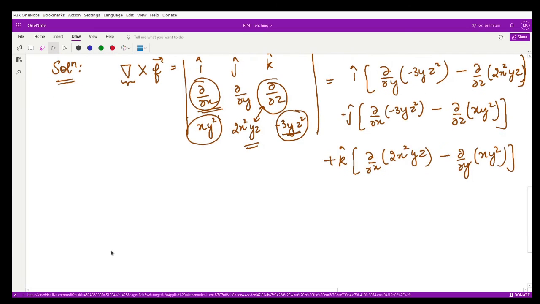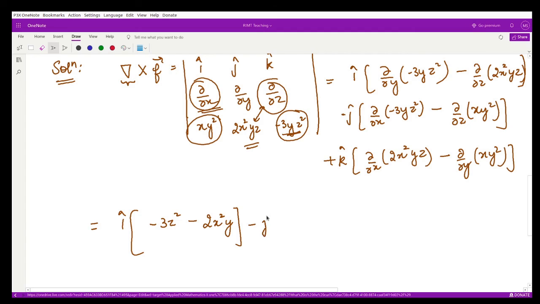So when you take out the partial derivatives, in this case, we are taking the partial derivative with respect to y, so x and z are constants. So that means we have minus 3z square, and for the second quantity, we have minus 2x square y. And this is for i cap.